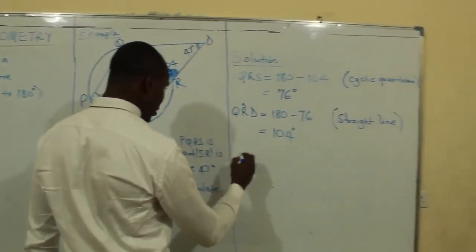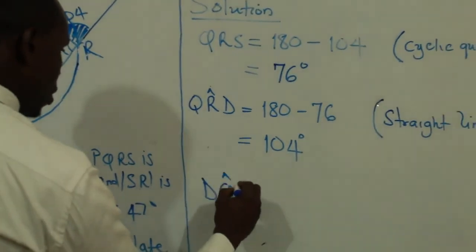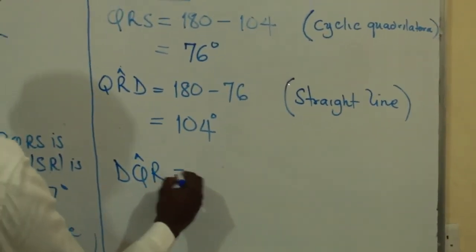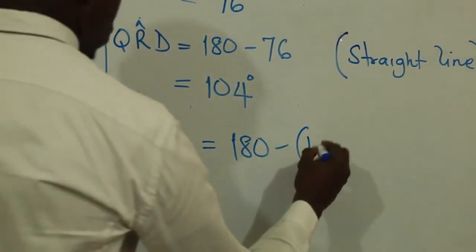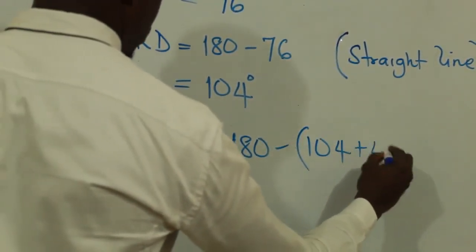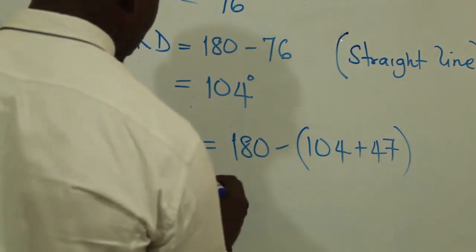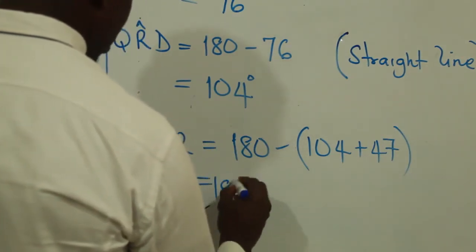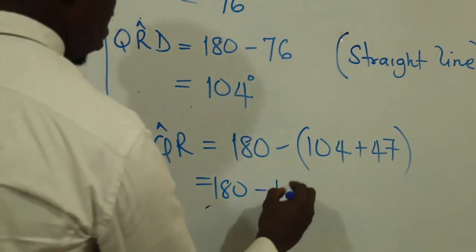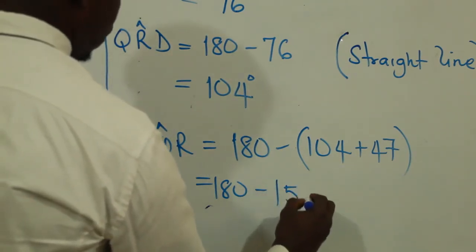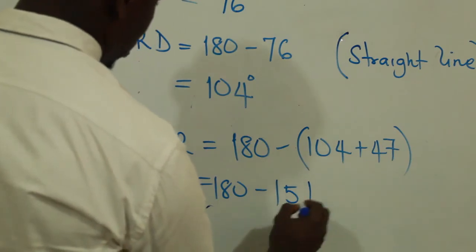So I write it as DQR equal to 180 minus the sum of 104 and 47. If I do that addition, 104 plus 47 will give me 151.